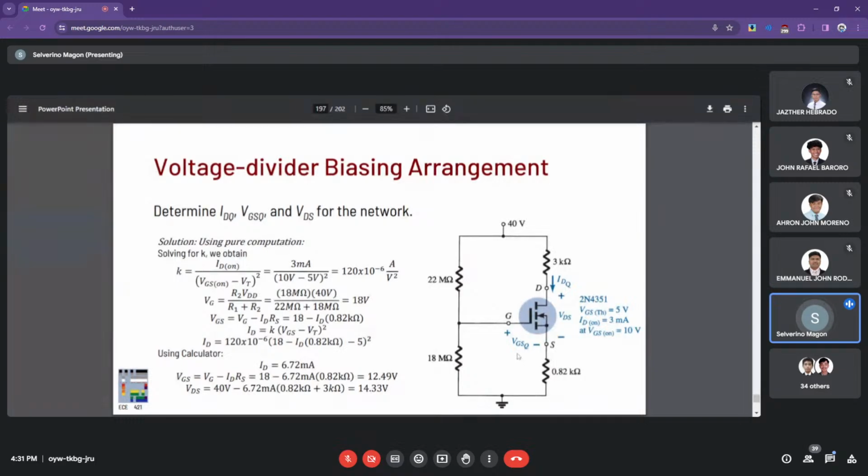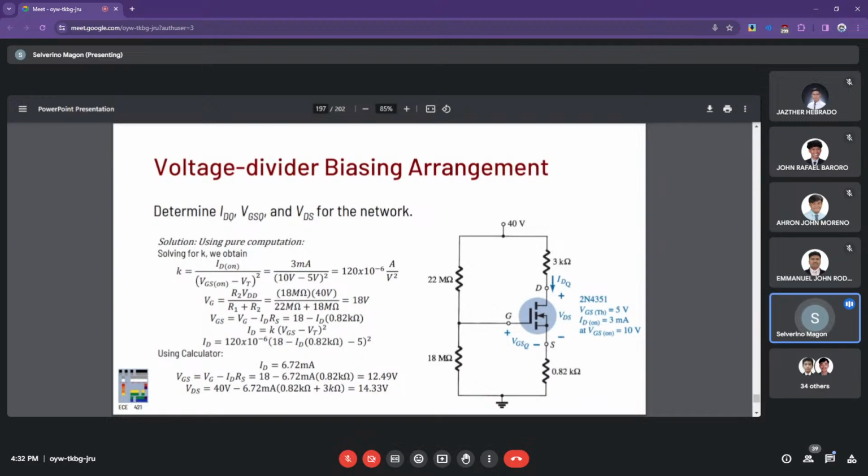So at 40 volts, all right, so you can rearrange the equation to have VGS expressed in terms of ID, and then you can plug in the expression of VGS into the exponential equation. So in this case, we now have the K value and a quadratic equation for the drain current.